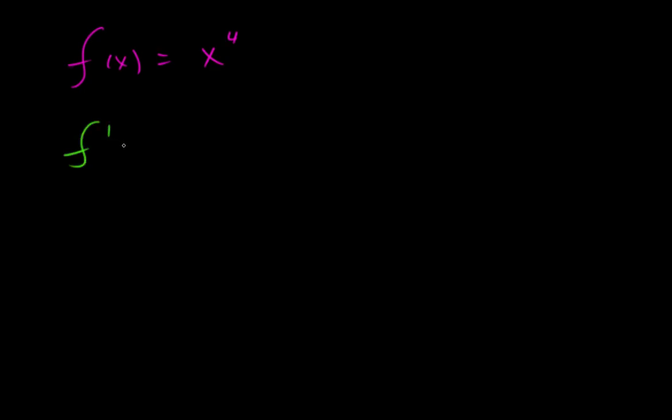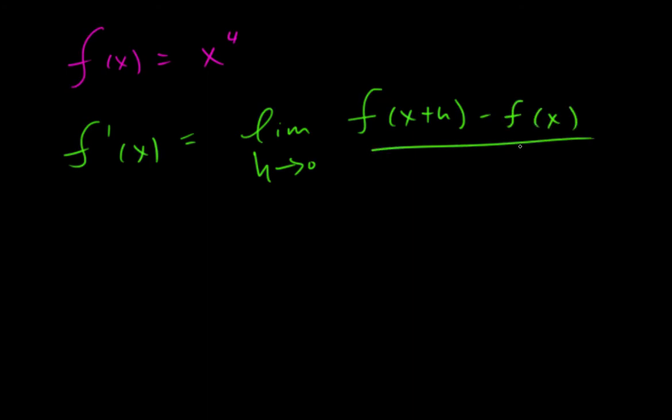Okay, so it just wants us to find, using first principles, this. So if we write the limit as h approaches 0 of f of x plus h minus f of x, all over h.